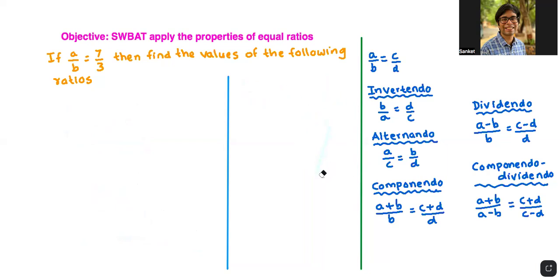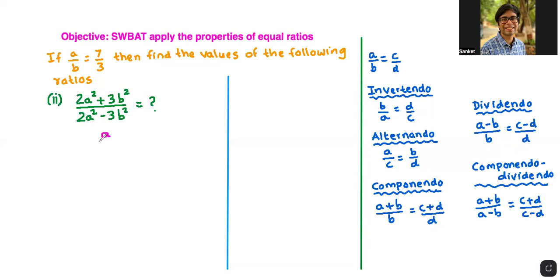But now we need to find the value of 2A square plus 3B square upon 2A square minus 3B square. I again can take a guess that componendo dividendo is applied over here, because I see something added in the numerator, something subtracted in the denominator.